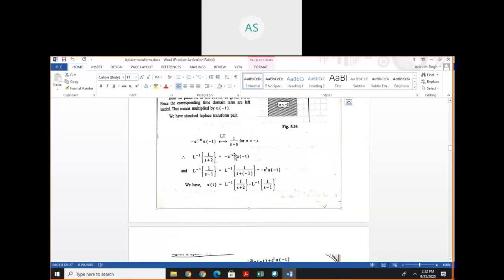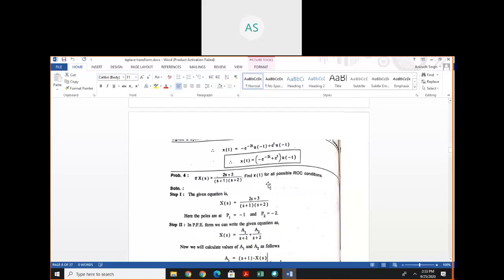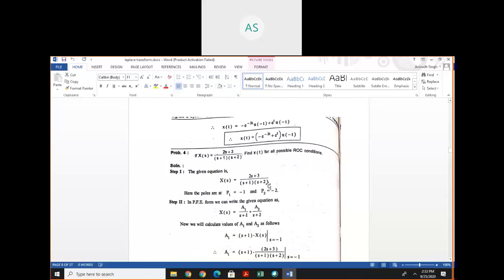Third case, when ROC is less than minus 2, in this case both poles lie on the right hand side of ROC, so we multiply the signal with u of minus t, and we use the standard Laplace transform here: minus exponential minus at u of minus t is equal to 1 by s plus a, where sigma is less than minus a.